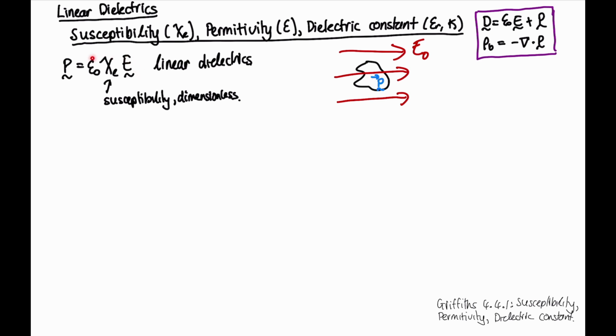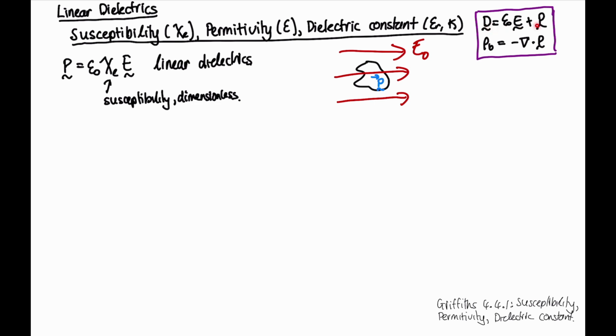So this can make this a little bit hard to deal with because we've got a feedback loop here when we have an applied electric field that generates a polarization which adds to the applied or at least changes the applied electric field. And so it turns out that it can actually be a bit simpler to work with the electric displacement rather than the polarization here.